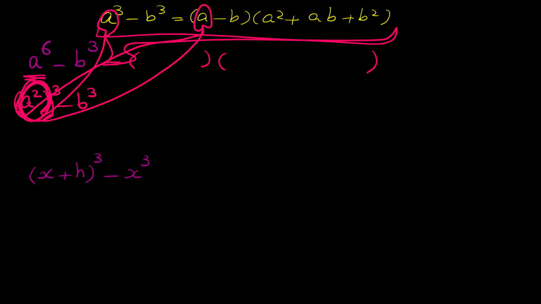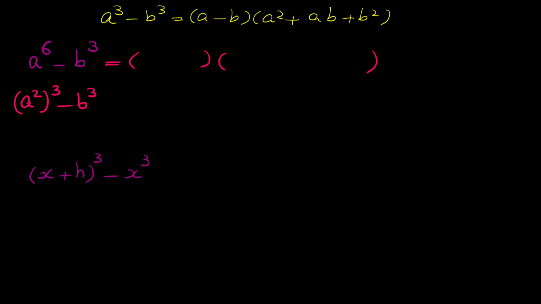So the factored form would be (a to the 2 minus b) times (a to the 2, raised to the 2, this would be a to the 4, plus a to the 2 times b, multiply this by this, a to the 2 b, plus finally we have b to the 2, which here is also b, so b to the 2). This is the factored form of this.